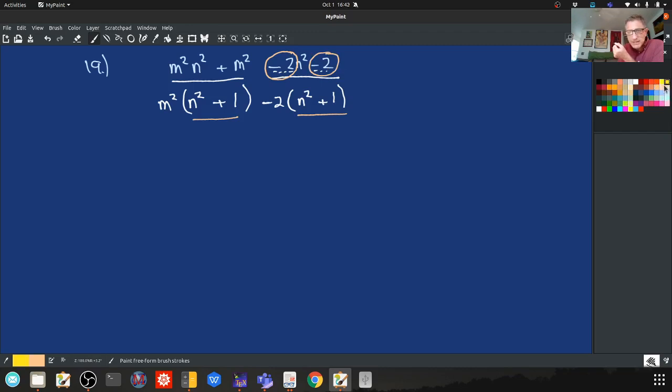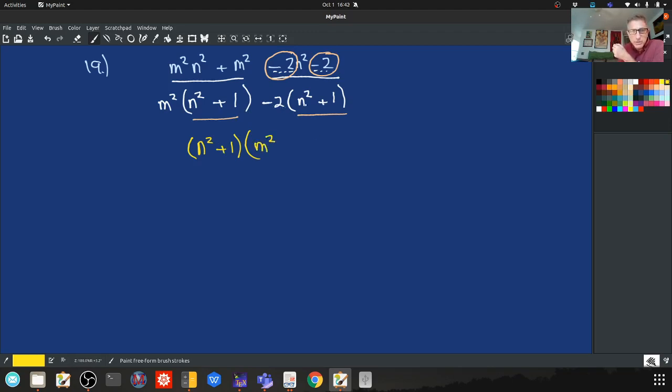So in the last step, I went from 4 terms to 2 terms, but these 2 terms here share a factor of n squared plus 1. So m squared times n squared plus 1 in parentheses divided by n squared plus 1 just leaves me an m squared.